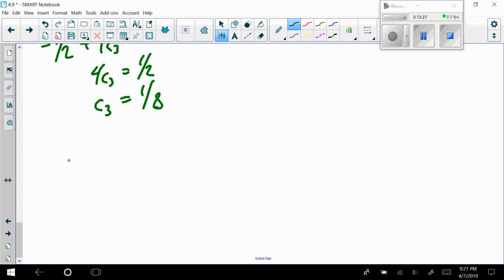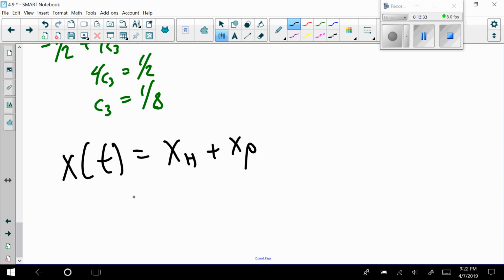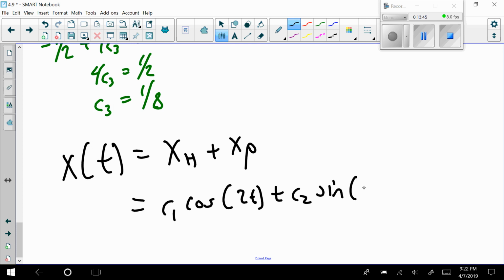We do. The solution is always the homogeneous plus the particular, which in our case, the homogeneous was c sub 1 cosine of 2t plus c sub 2 sine of 2t.